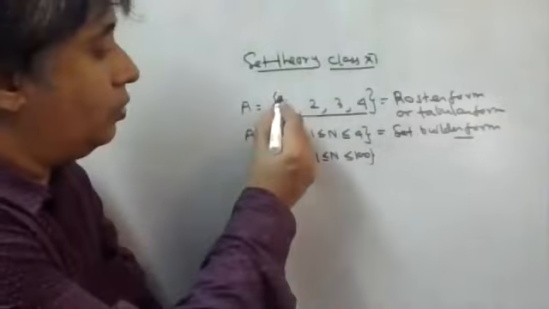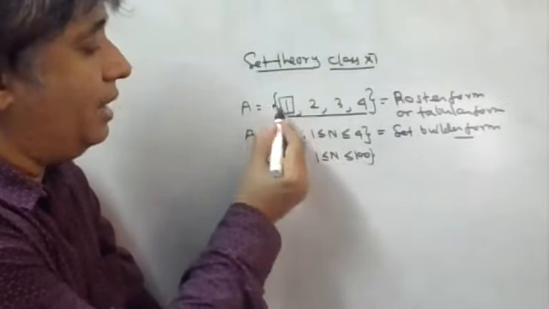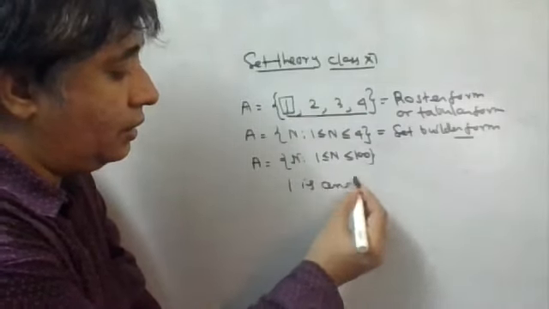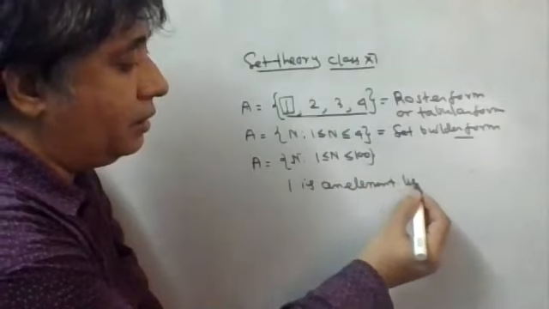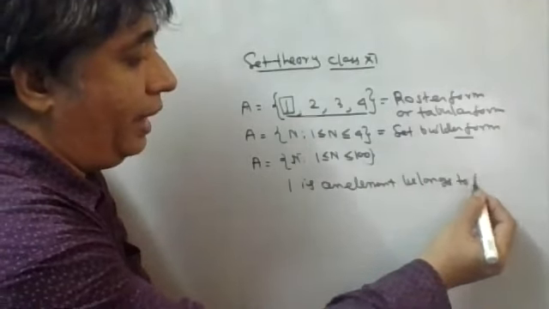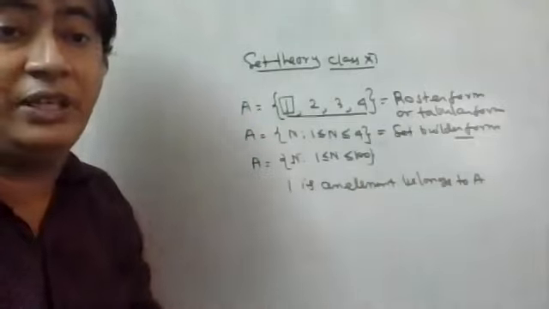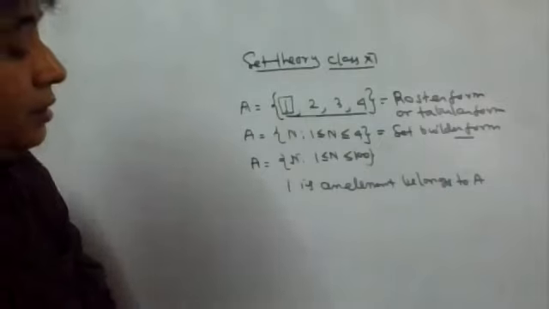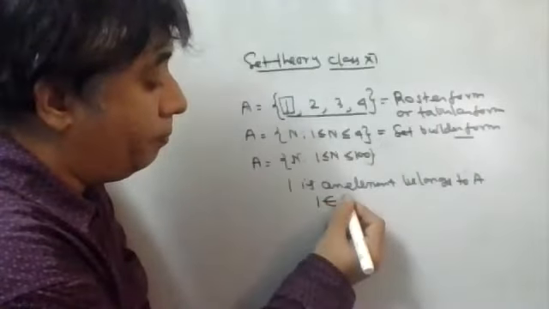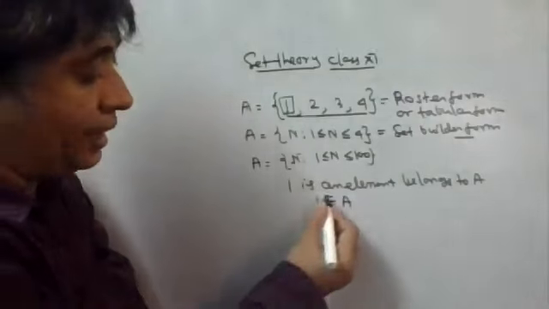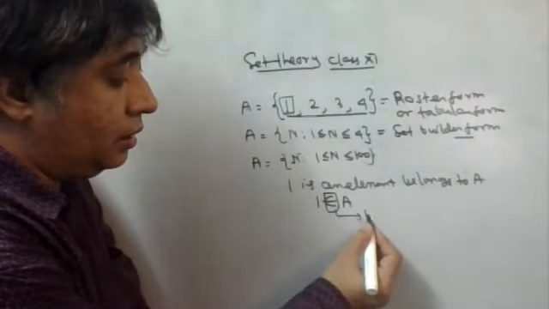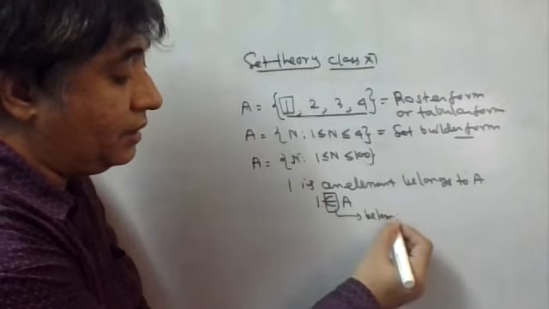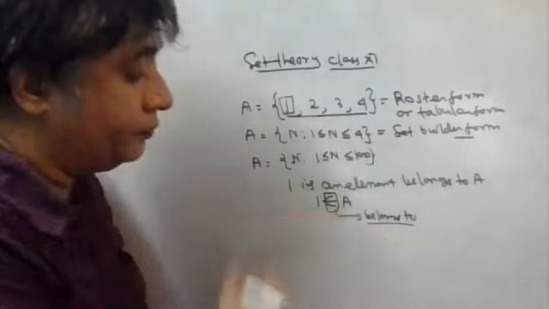Here you see 1 is an element belonging to A. How can you write it mathematically? You can write 1 belongs to A. This sign represents belongs to.